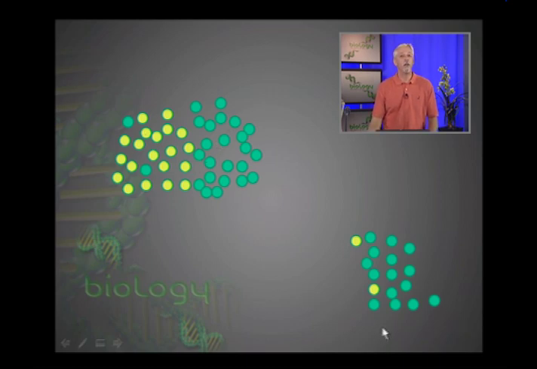So again, migration is not probably that common, but it is something that can change the genetic makeup of a population pretty rapidly. This isn't something that would take thousands of years. It could occur in a short period of time.